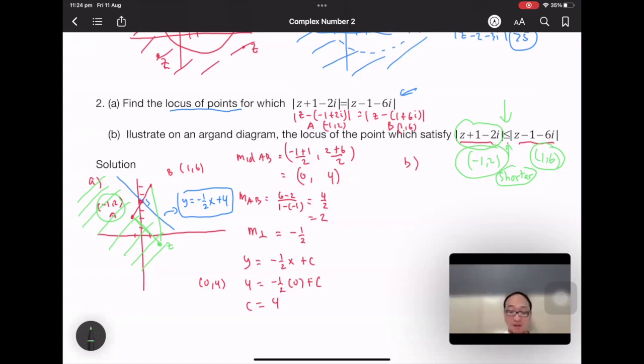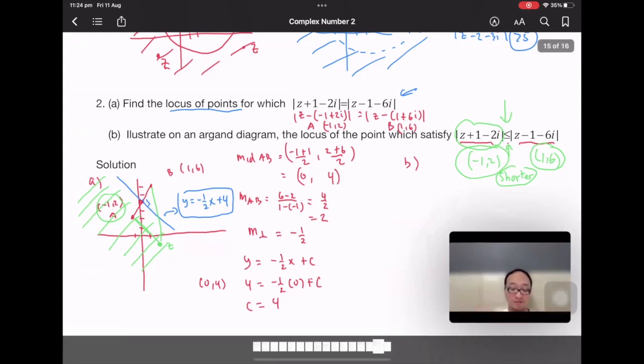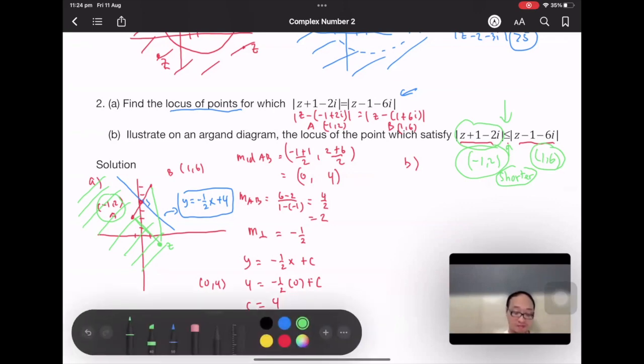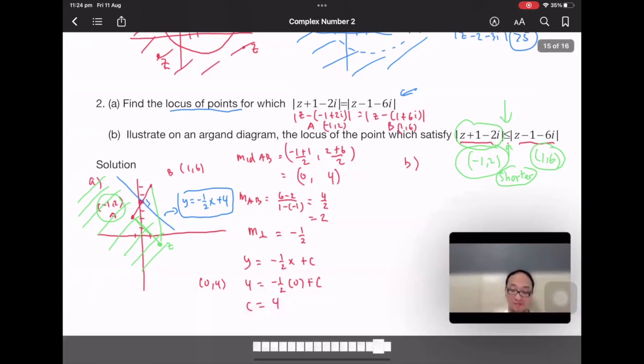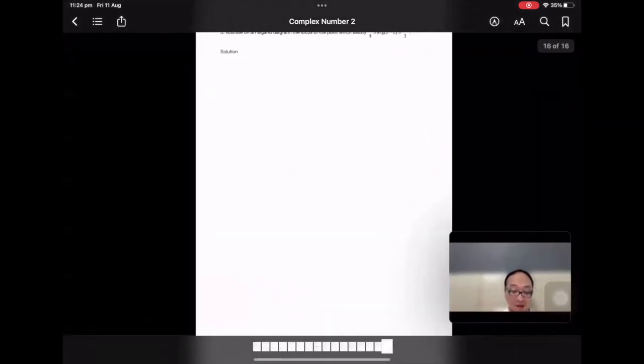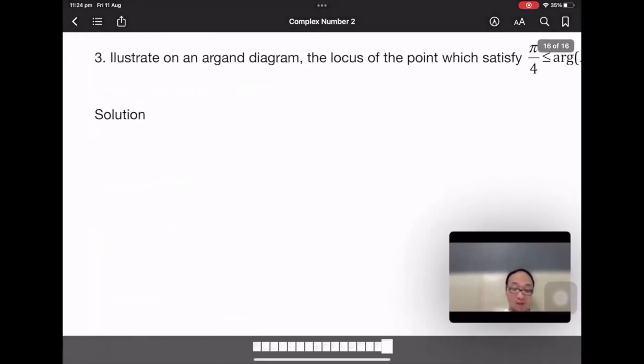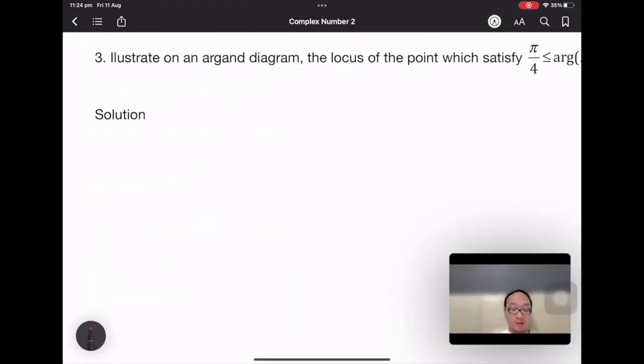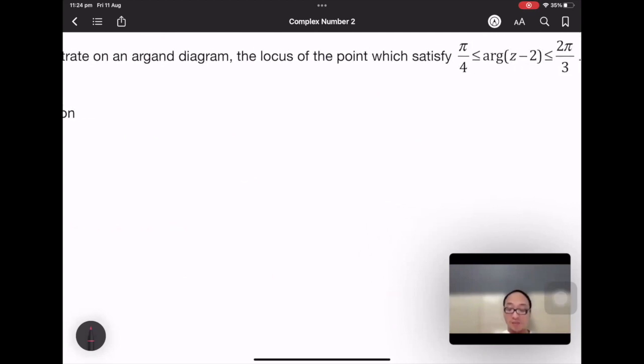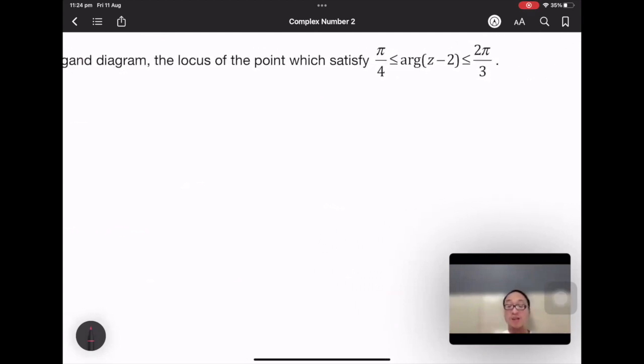So this is how you see it: one side of the perpendicular bisector's region.